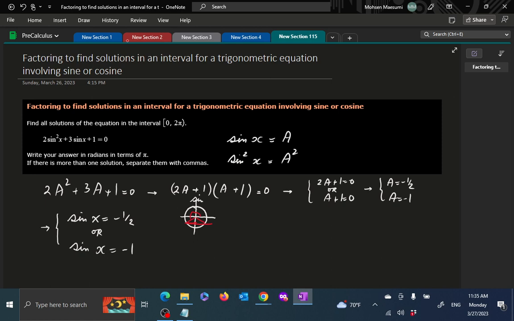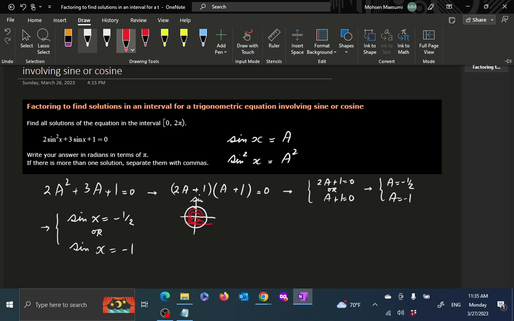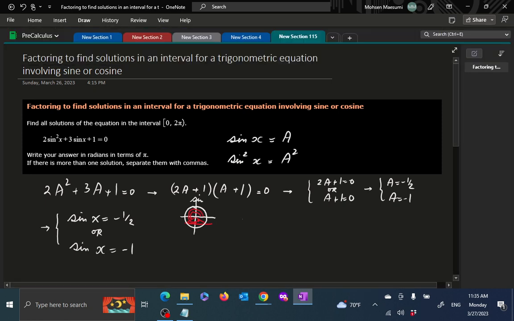What are they? x is equal to pi plus pi/6, that is 7 pi/6. And the other one is 2 pi minus pi/6, and that would be 11 pi/6. Or look up in your table or your unit circle.